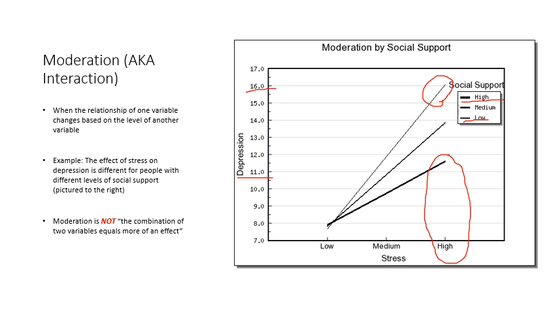So what that means is just because you have high levels of stress and high levels of social support does not indicate that more stress would necessarily mean you have higher levels of moderation. Moderation is essentially saying that when you group things in different ways, people react differently to these situations.